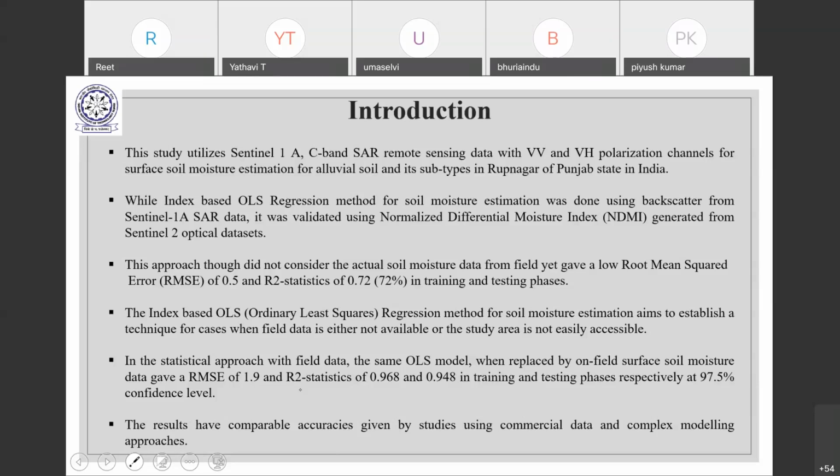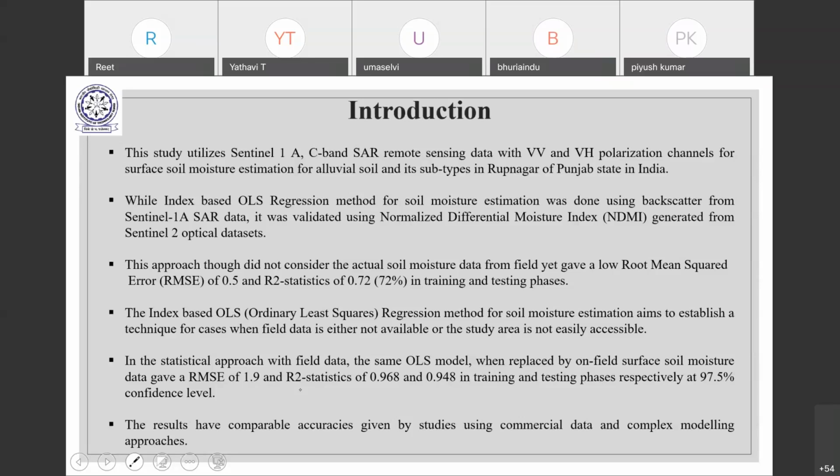So we went to the field, collected the data first to establish a relationship between the backscattering and the moisture content, and then the backscattering was used to estimate for a time period where we had some of the field data available.